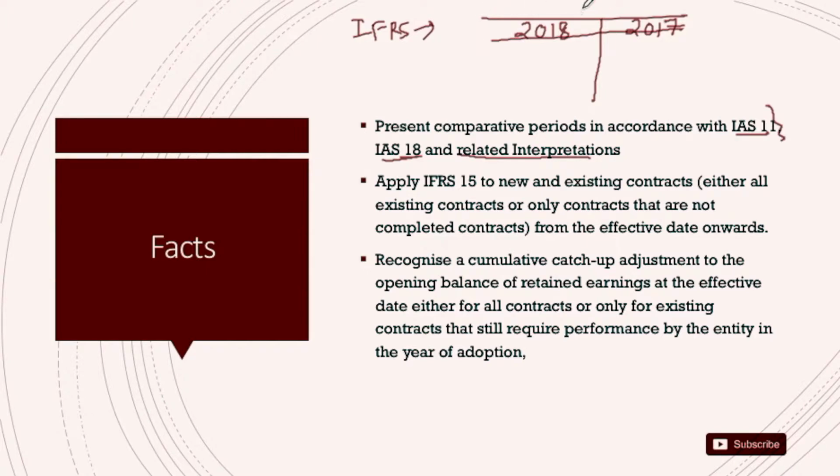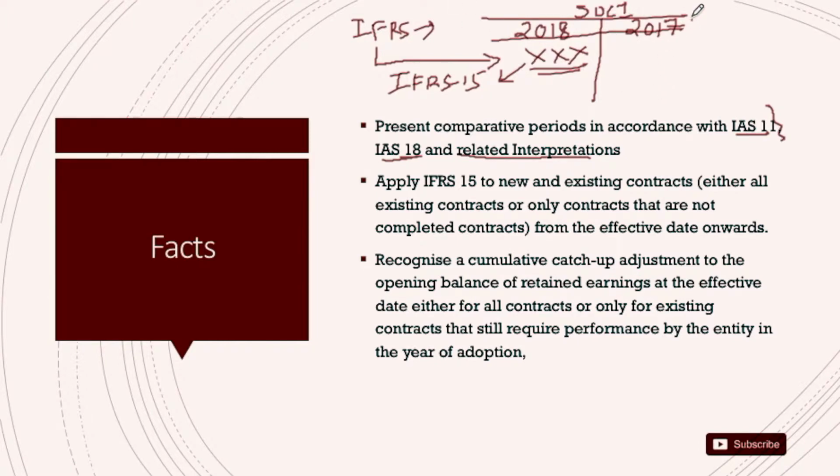Suppose we are preparing a statement of comprehensive income. Then all the revenue figures for 2018 are going to reflect IFRS 15, as we have the option under the modified approach to apply the standard from 1st January 2018, the first date of initial application.